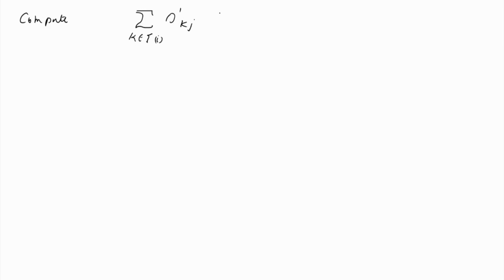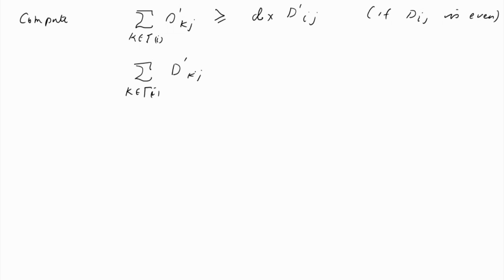This should be greater than or equal to d times d prime ij if dij is even, and this summation over k belonging to neighbors of i of d prime kj should be strictly less than d times d prime ij if dij is odd.